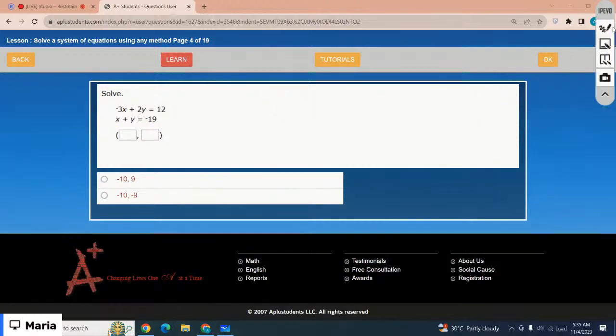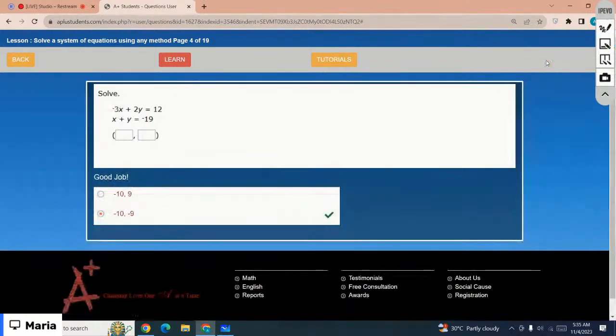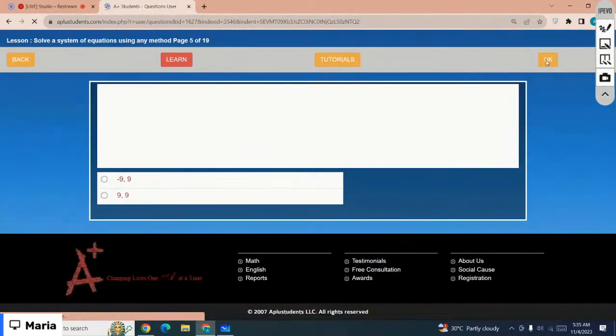Okay, now for the next one, you have to tell me which method is easy to use and the solution of the system of equations. Okay, y equals 9, 10x plus 9y equals negative 9. So which method are you going to use for the equation?